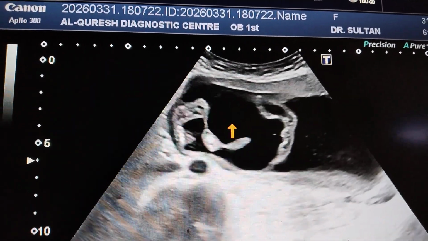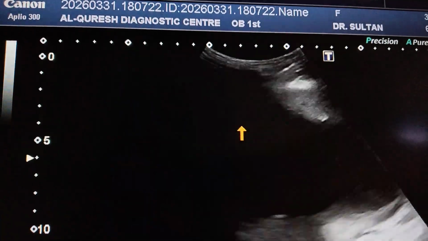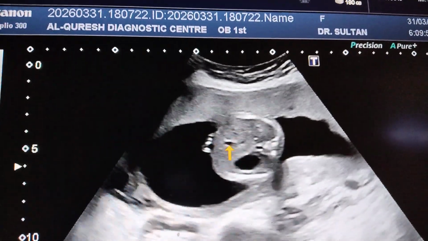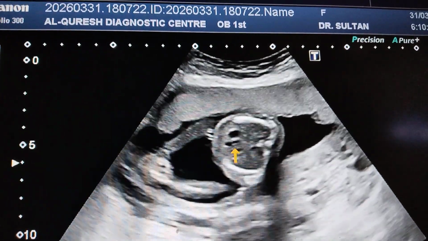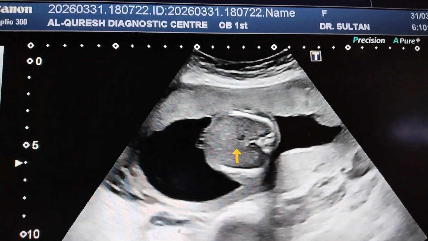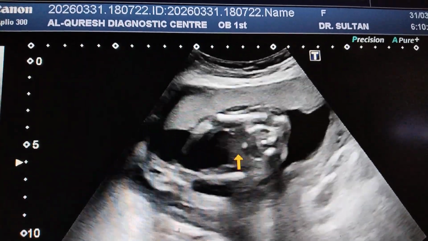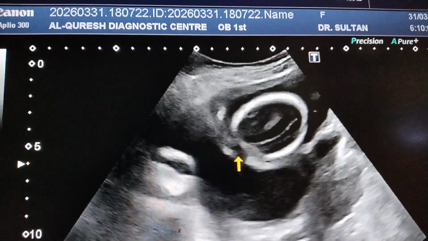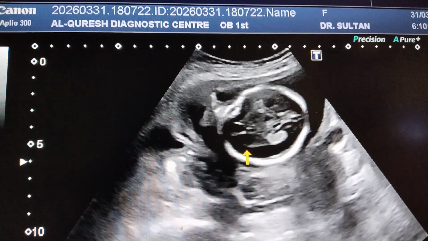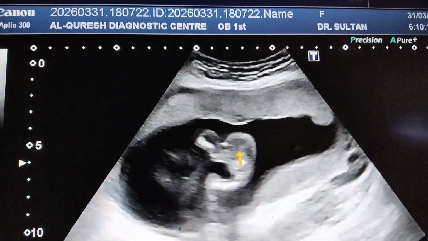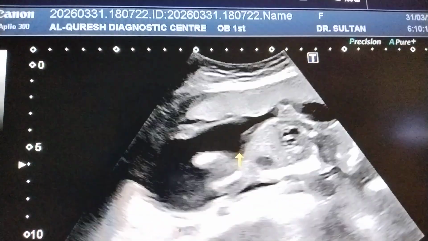Here we can appreciate this one. Heart, stomach, brain, so all looks normal.